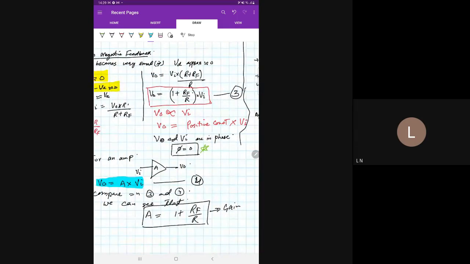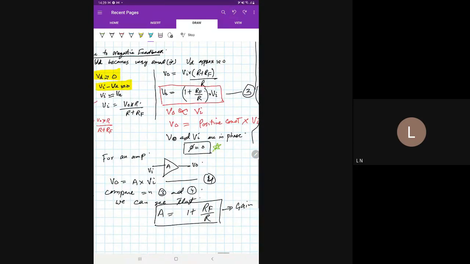Say, for example, this is equation 4. If we compare equation 4 and equation 3, we will be able to find out that the gain of the non-inverting amplifier is equal to 1 plus Rf by R. This much is the gain, whatever is present in equation 3 that I have highlighted here.